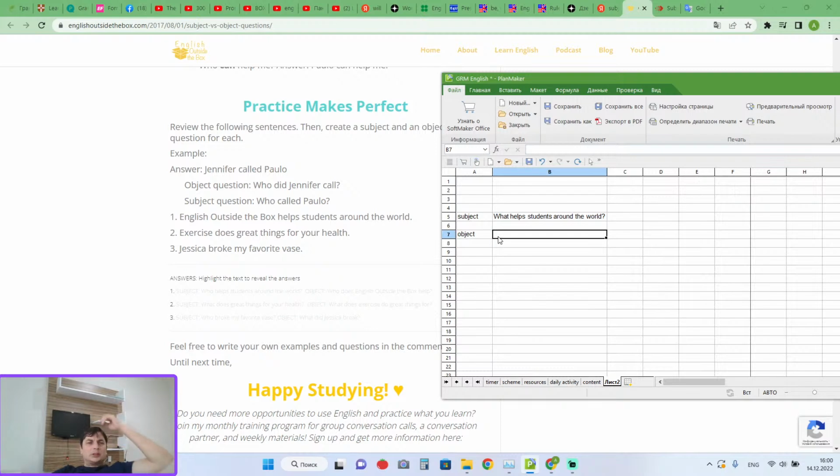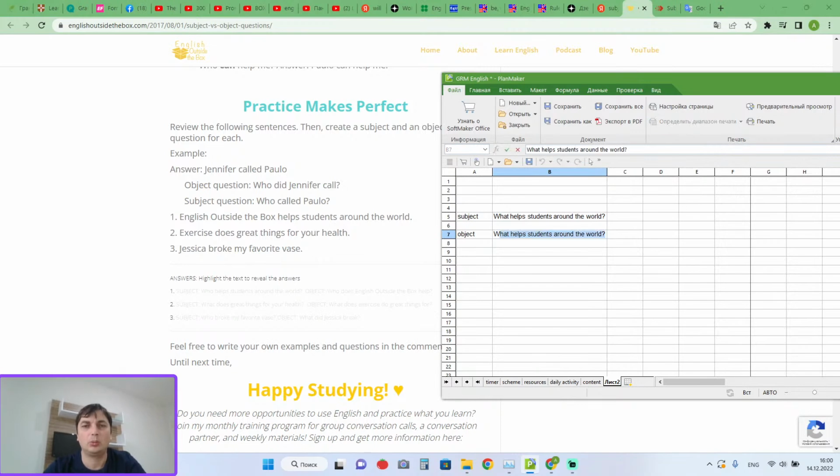And what about the object? English outside the box helps students around the world. I need the object. The object is students. What did help? What did help students?